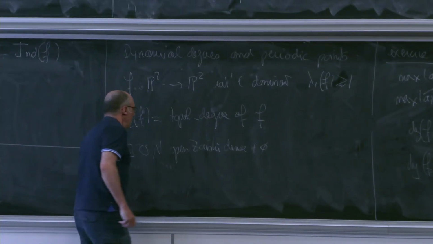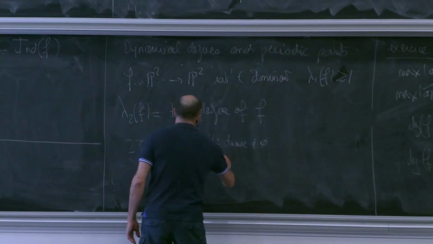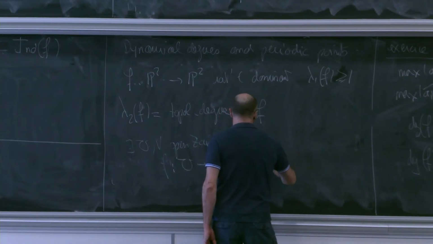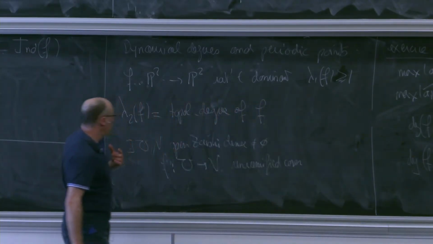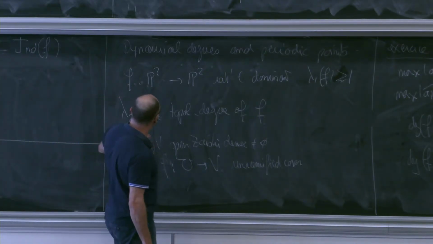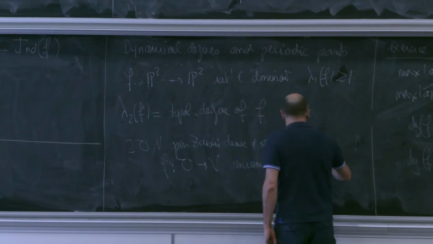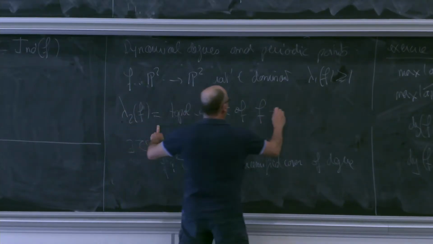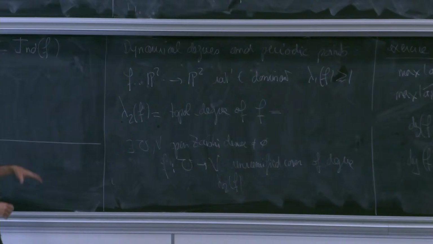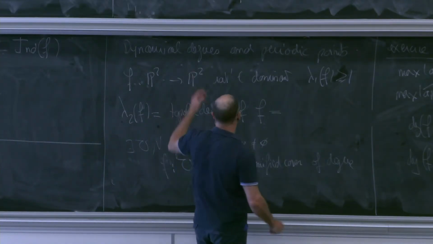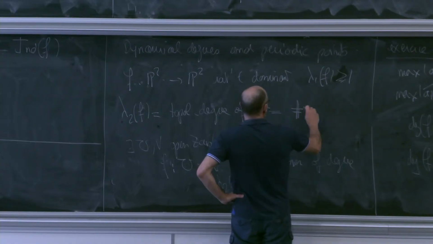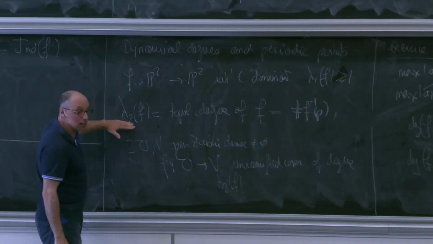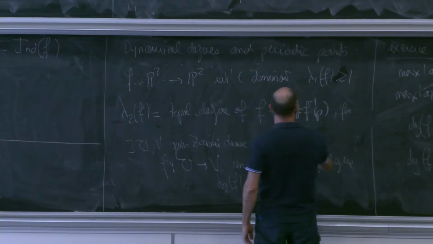But it's even stronger: F from U to V is in fact an unramified cover. It has a degree, and this degree is by definition lambda 2. So in other words, if you pick a point P which is sufficiently general, so outside a closed curve, then you count the number of preimages. It's always the same number that you get, and by definition, it is the topological degree. So for P generic.